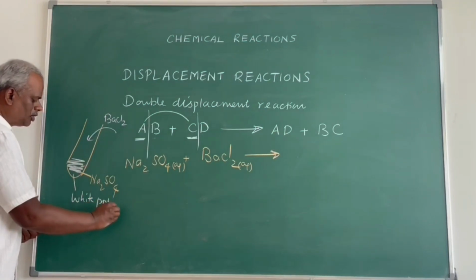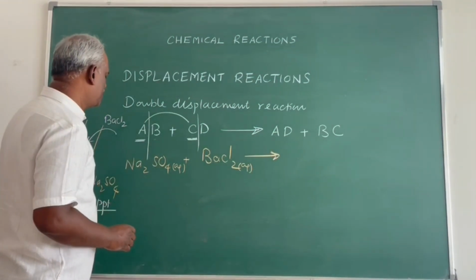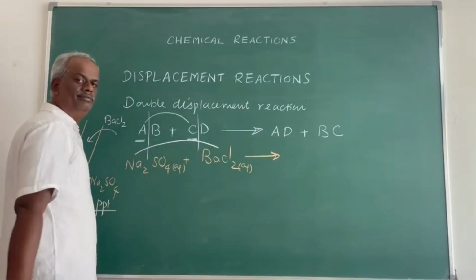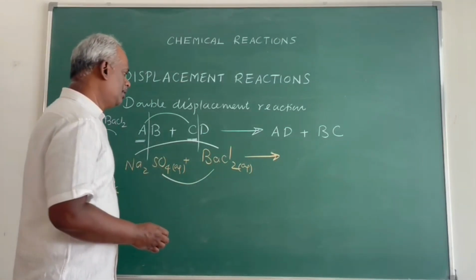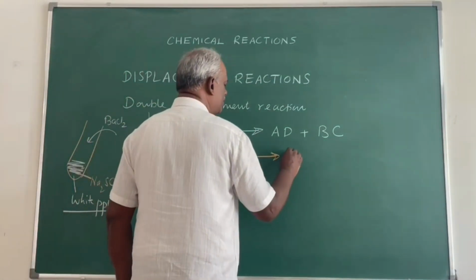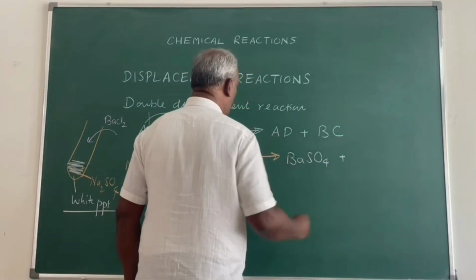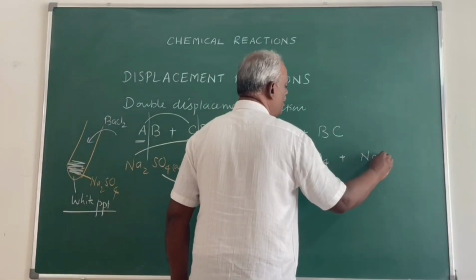And which is responsible for this white color precipitate? This is the responsible substance. Here the sodium is going to combine with the chlorine, and barium is going to combine with the sulfate. So one of the products is barium sulfate, BaSO4, and the other product will be sodium chloride, NaCl.